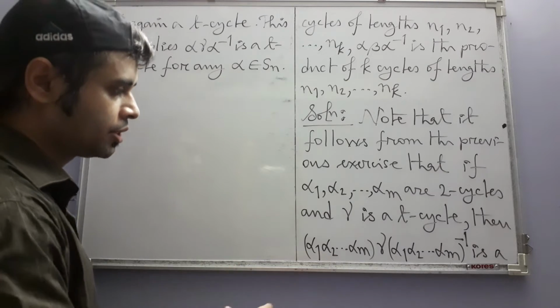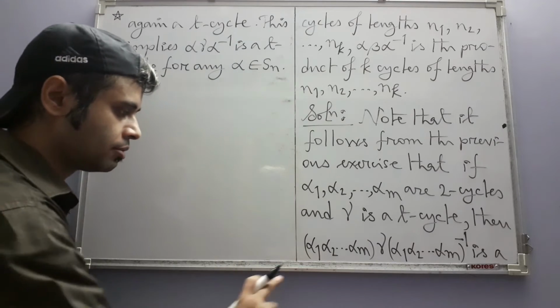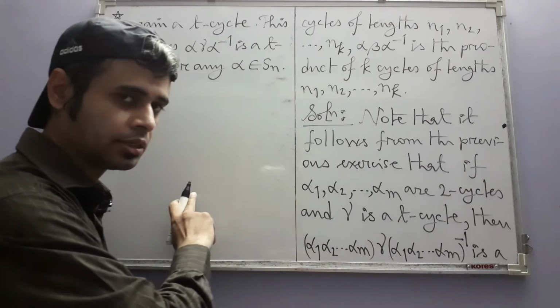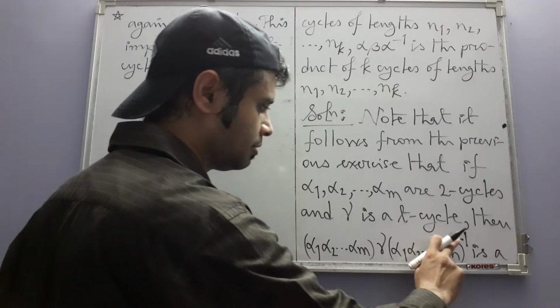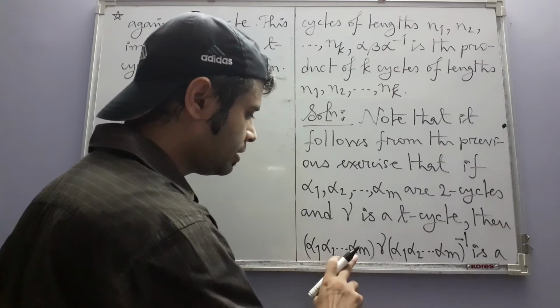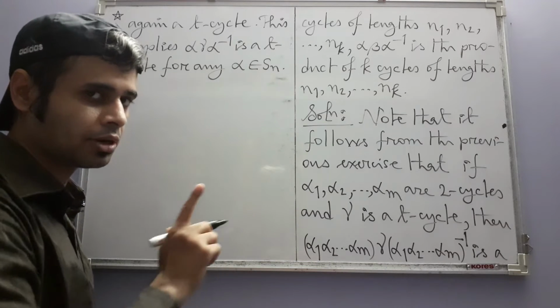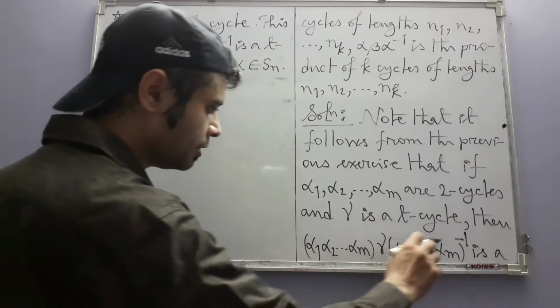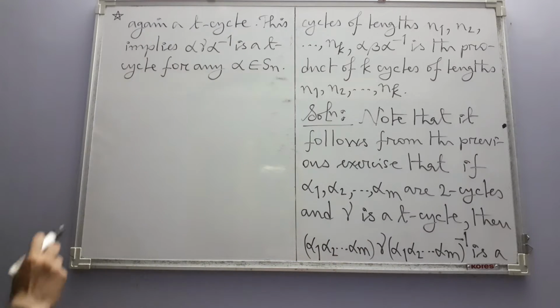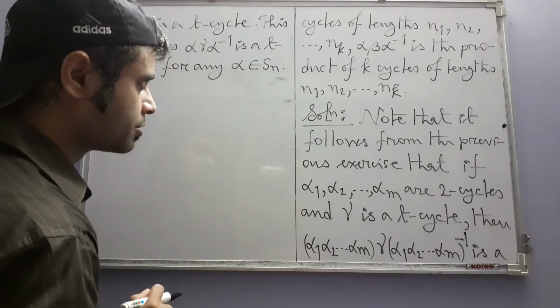So the confusion that I suddenly had here is simply because I was going to write exactly what is written in the previous exercise, but we need the inverse here. The inverse actually does not appear in the previous exercise because there we have only 2 cycle, but here we have any number of 2 cycles. Anyway, so this is something now we are going to use.